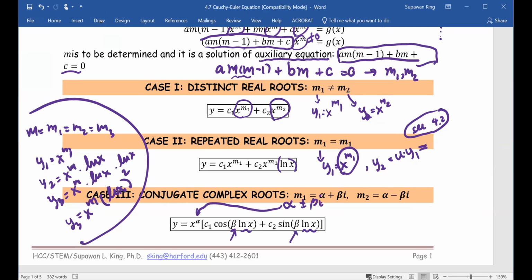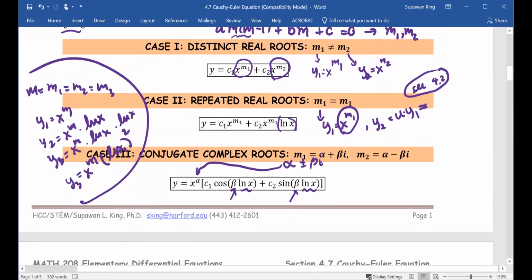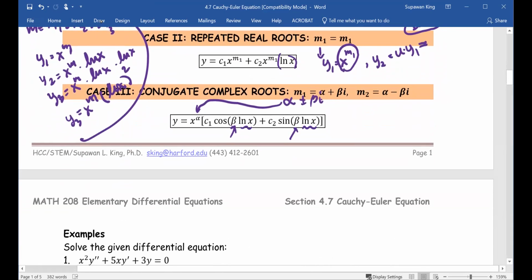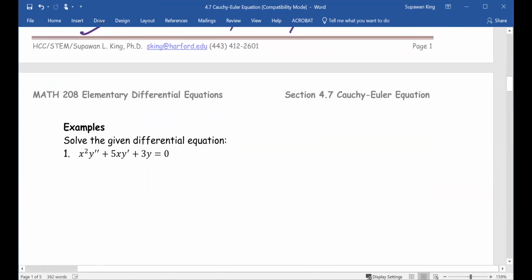You can see natural log x comes in similar to how you multiply x into the pattern of the solution, but this time it's going to be natural log x everywhere. Instead of exponential, we're going to have x to the power of the term instead. So three cases of the solution.